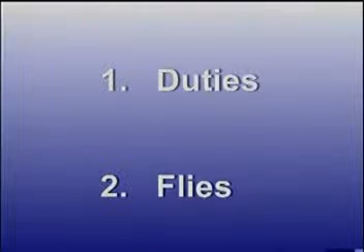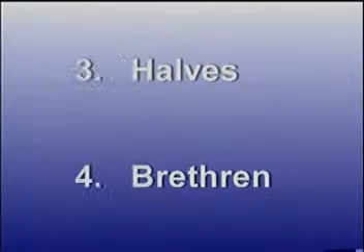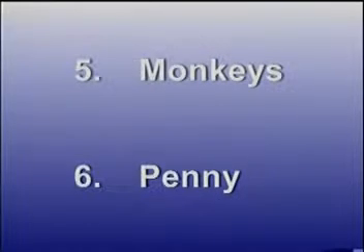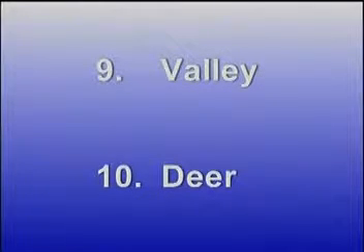One, duties. Two, flies. Three, halves. Four, brethren. Five, monkeys. Six, penny. Seven, goose. Eight, sheep. Nine, valley. And ten, deer.